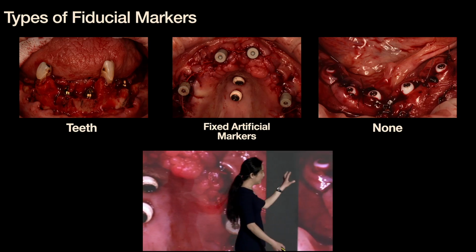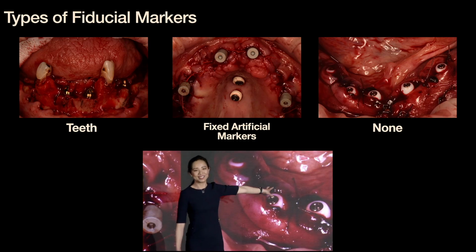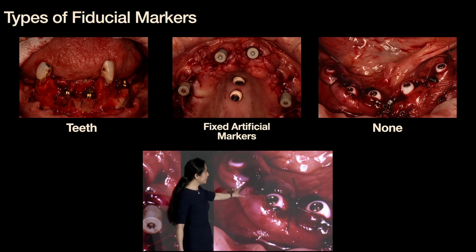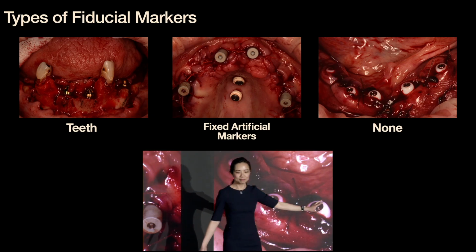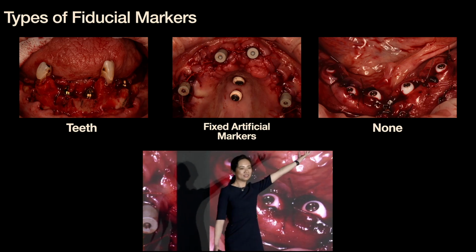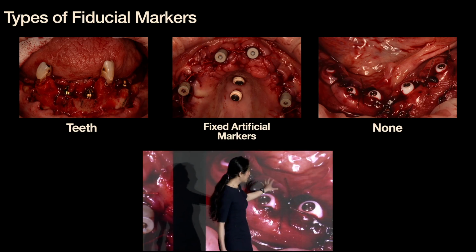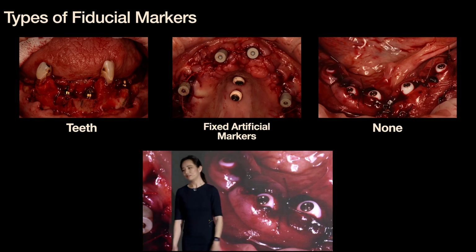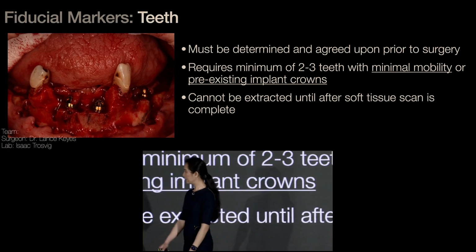And the problem when we have none is, I'll show you shortly, if we don't have any kind of data to relate back to the patient, now we just have floating implants in the air that don't have anything to do with the patient. So when we have none, there is a workaround, and I will show you just shortly after this.